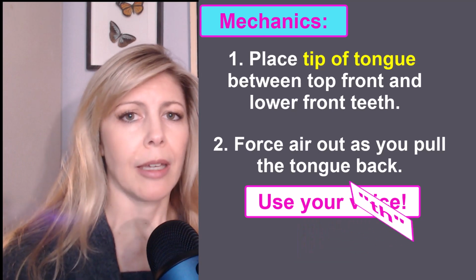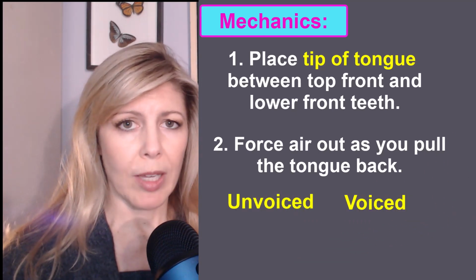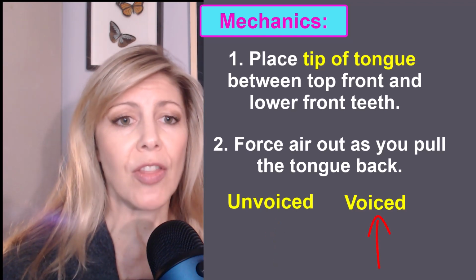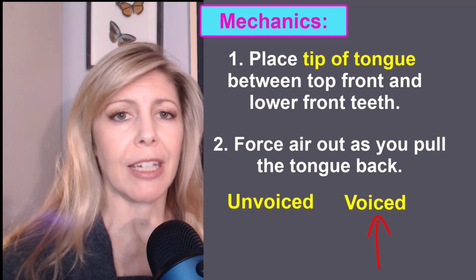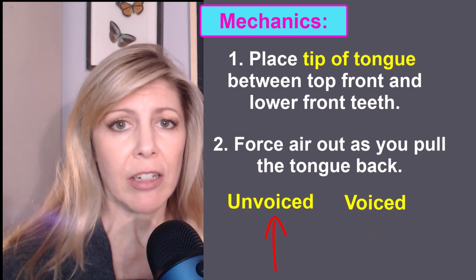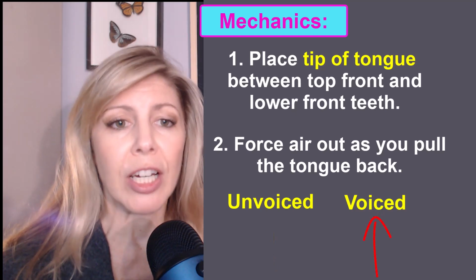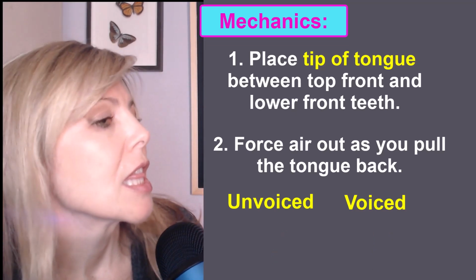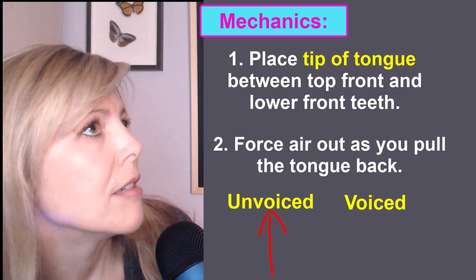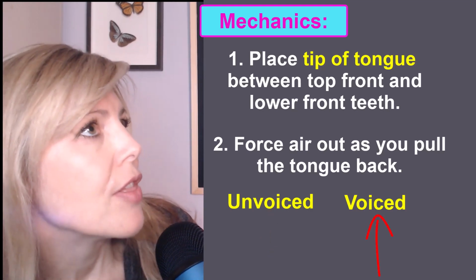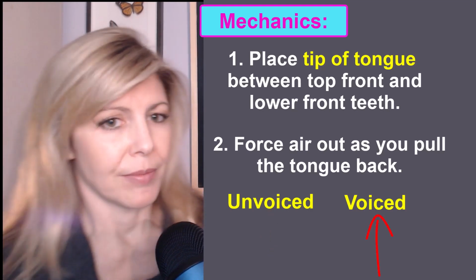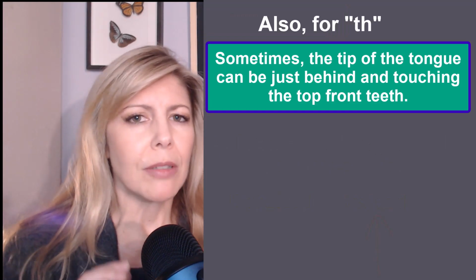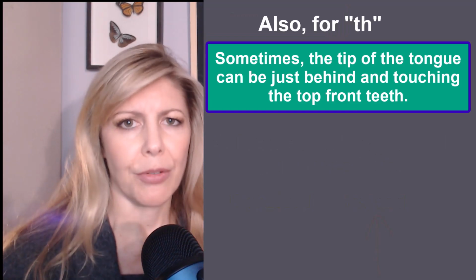Okay, let's try the unvoiced and then the voiced. Okay, unvoiced, th. Voiced, the. Let's do it again. Unvoiced, th. Voiced, the. Okay, I'm going to give you a side view again. Unvoiced, th. Voiced, the. And sometimes the tip of the tongue can be just a little bit behind the front teeth.